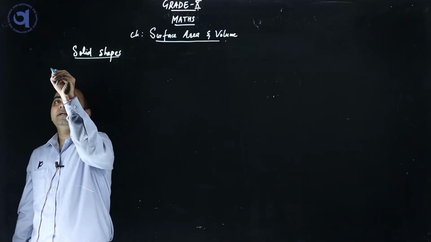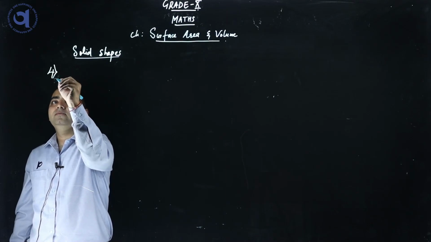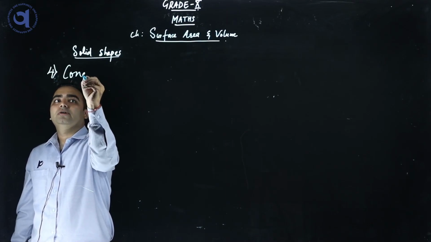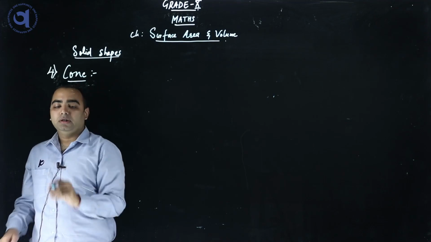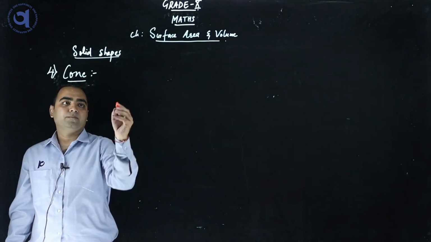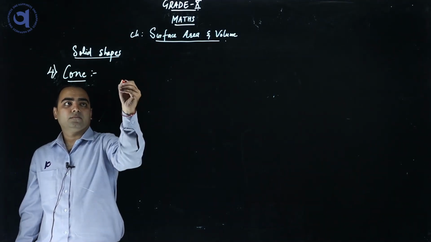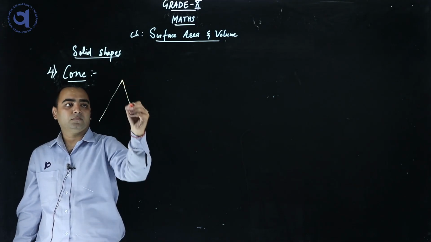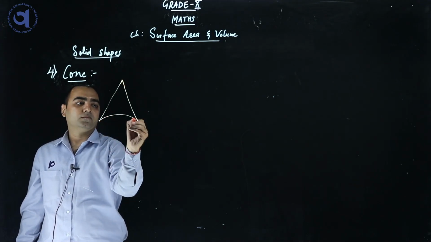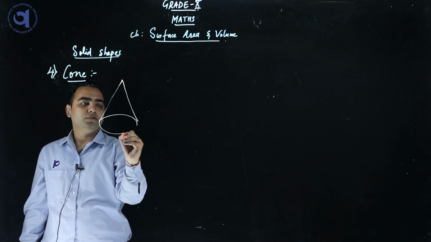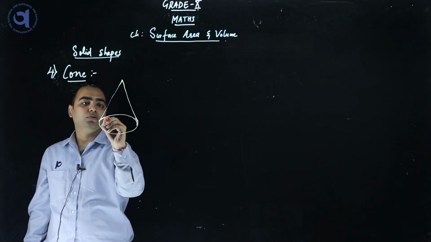Now let us see the next solid shape, that is number 4. The name of that solid shape is cone. Now how does this cone look? If you want to see a real-time example of this cone, you can see a joker hat.